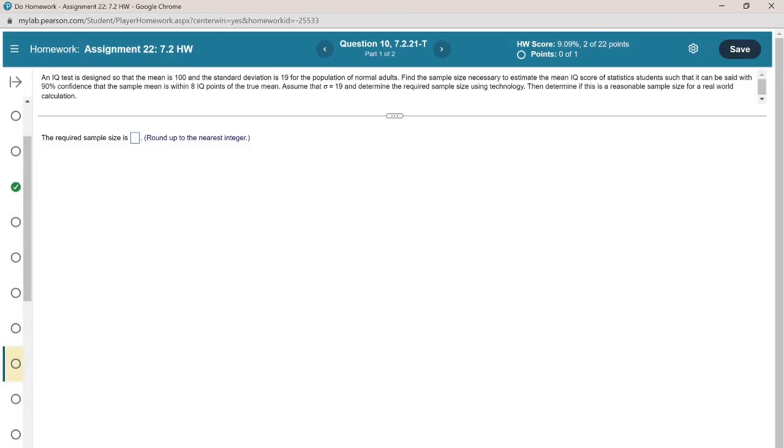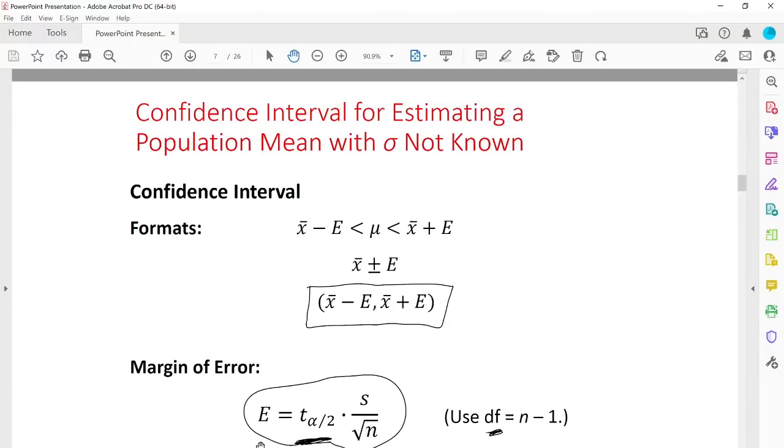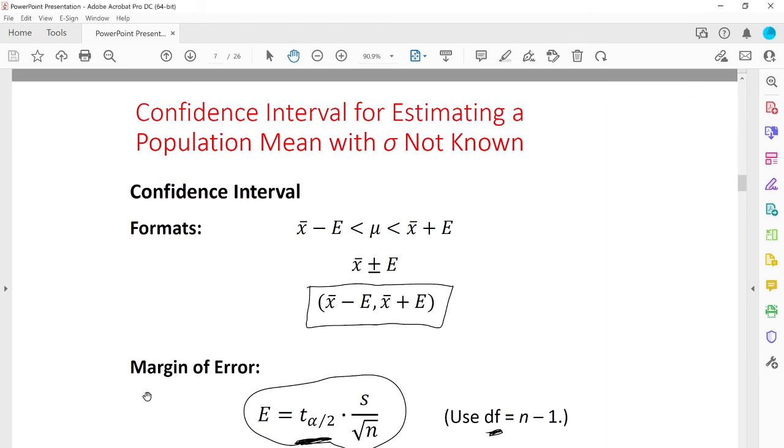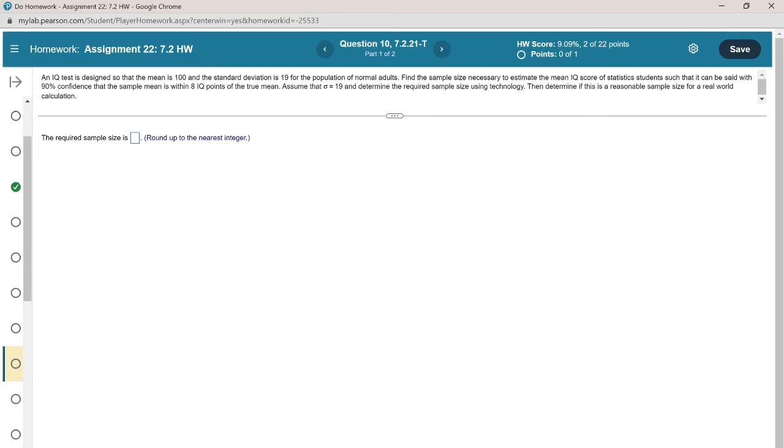Okay, so this is a sample size problem. Now we know how to find the interval and the t-score using the TI-83 or TI-84 calculator. Now we go to the next problem here. An IQ test is designed so that the mean is 100 and the standard deviation is 19 for the population of normal adults.